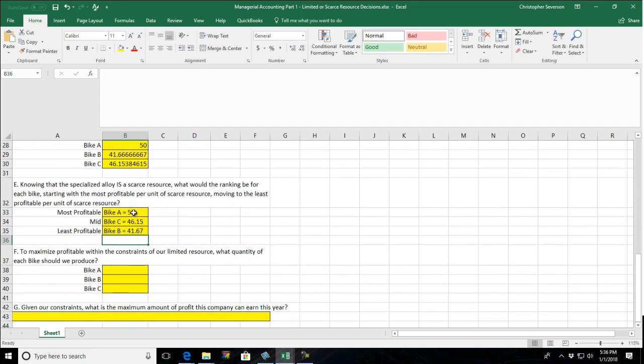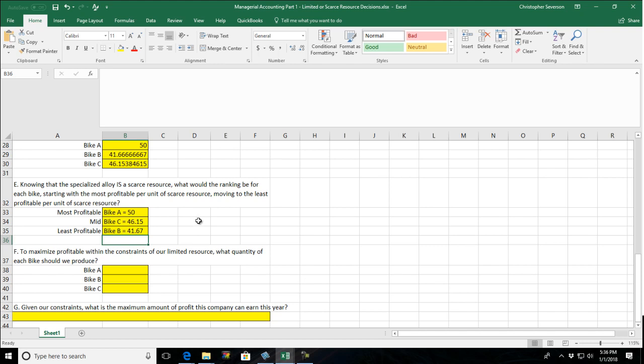Now what this generally means, once we know the most profitable and the least profitable, this tells us the order we need to go into. We know we don't have enough square footage or linear footage of this alloy to cover all of our demand.